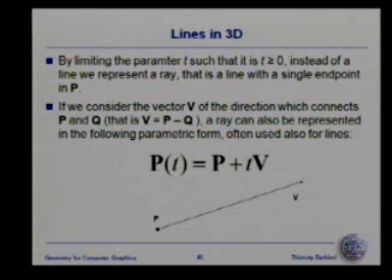If you limit this parameter and you say, I forbid the value of this parameter to be less than 0, so you pose a limitation that t is always equal or greater than 0, we have what we call a ray. A ray is a line with a single endpoint, like this.